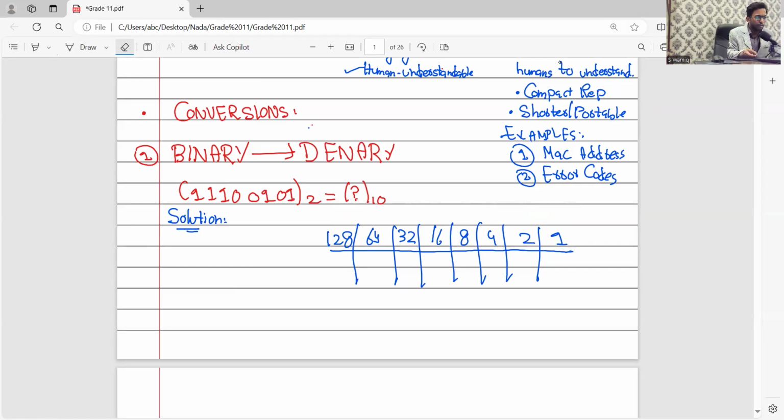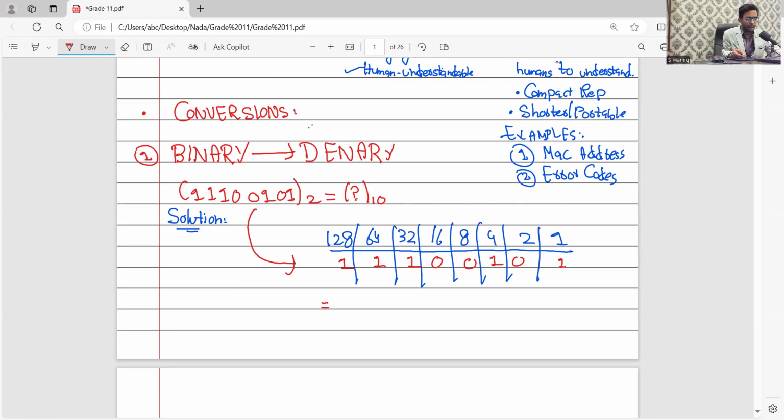Now, what I need to do for the conversion is that I'm simply going to copy paste the number right here. So this is going to be 1, 1, 1, 0, 0, 1, 0, 1. Now, as we discussed in our class, if it is 1, that means we consider it as an on. And if it is 0, that means I consider it as an off. So now I'm only going to write those values that are considered as on.